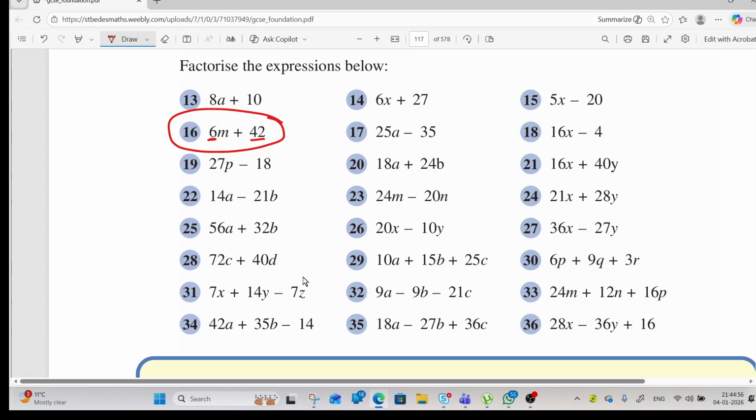Even bigger than that. What is the biggest between them? 6. Yes. So if you take 6 out, what would you get here inside the bracket from first term? x. Yeah. And what about 42? What would be left here? 7. Good. So that's how we factorize, okay?